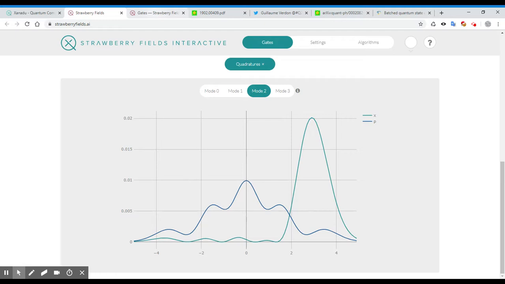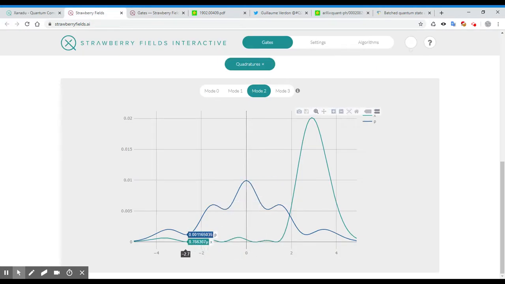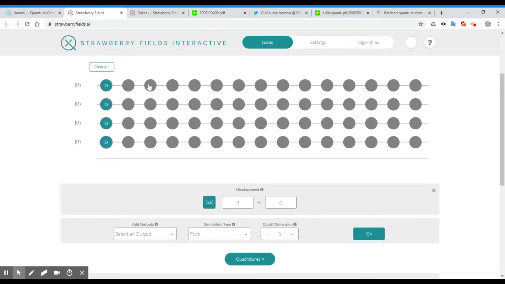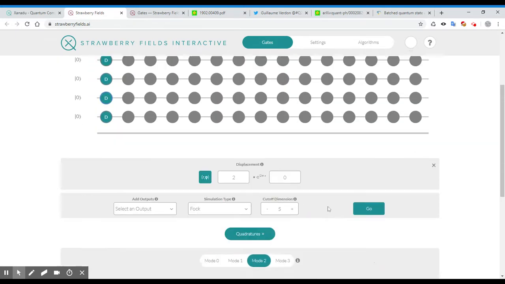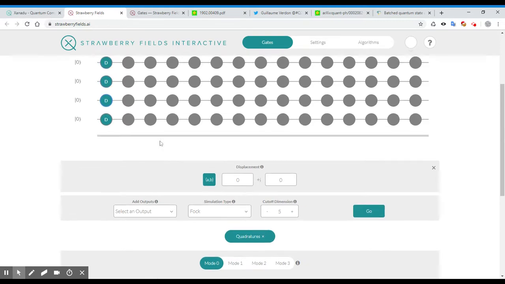So basically, does it matter what I have on the momentum? If we just stick to one quadrature, it shouldn't. How does this change if I say minus? Oh my god.